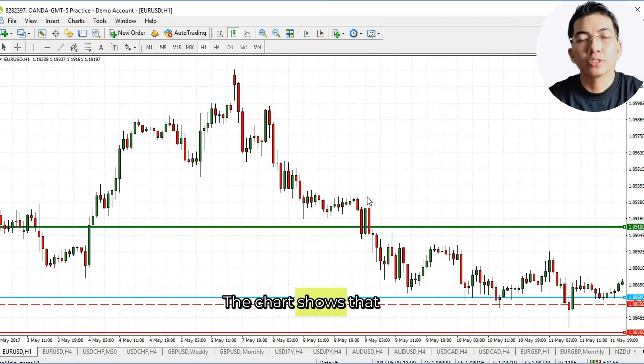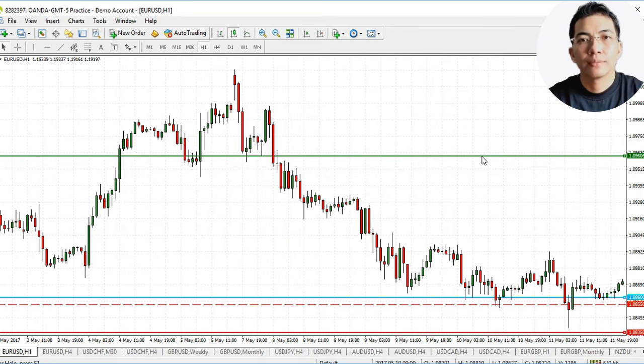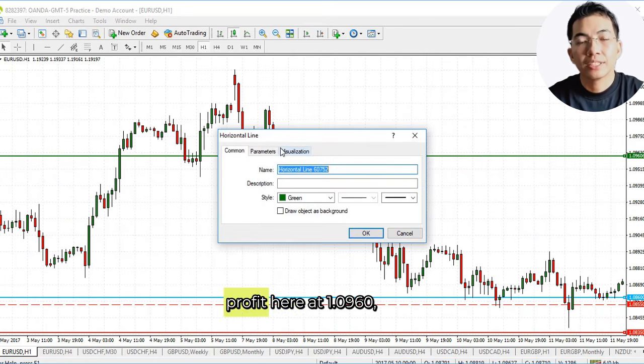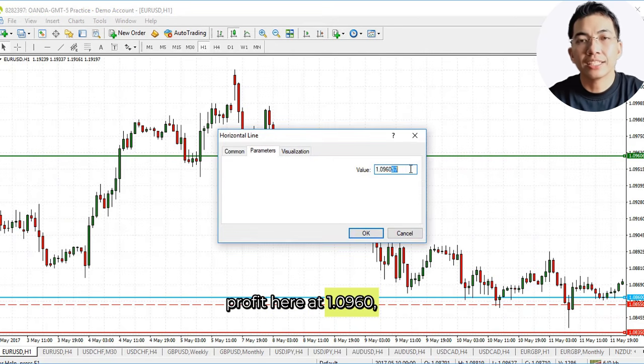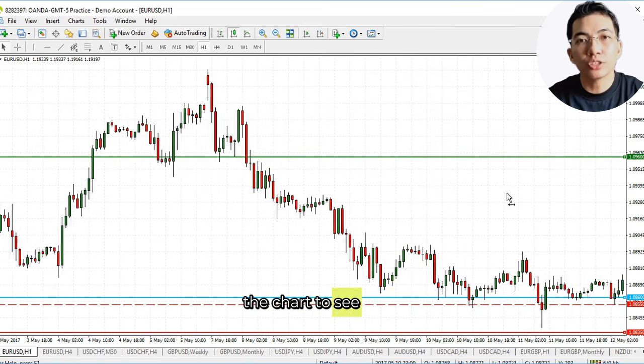The chart shows that the price can go higher than 1.0910, so this time I'm going to increase my take profit and have a better risk to reward ratio. I place my take profit here at 1.0960, so 100 pips far from the entry point. In this way, I have a risk to reward of 1 to 4 that is pretty good. Let's go on with the chart to see what happens.